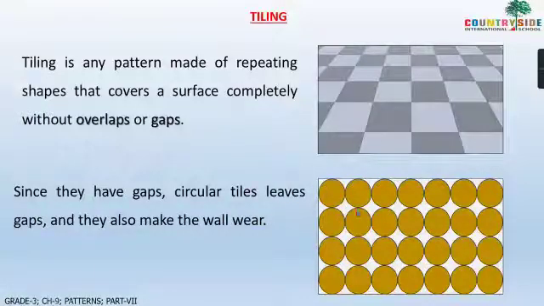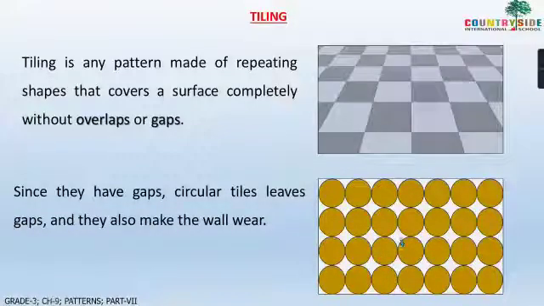Since they have gaps, circular tiles leave gaps and they also make the wall wear. So children, whenever there are gaps, the tiling will not be proper. The surface will not be uniform and it will not be a smooth surface. So this type of tiling using circular shapes is generally not advisable.